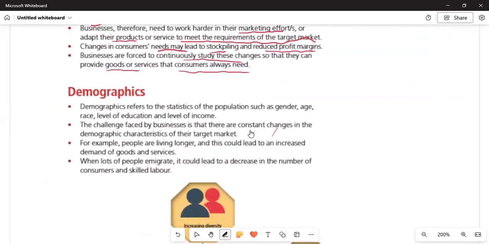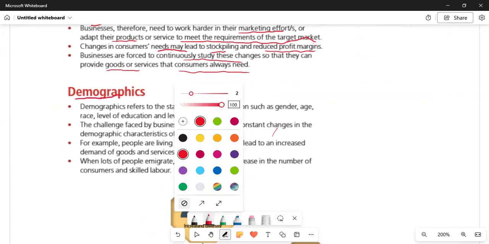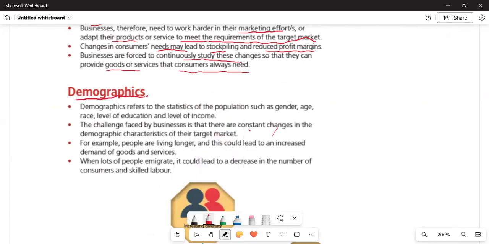Now we are on demographics. With demographics, we are talking about changes in population.